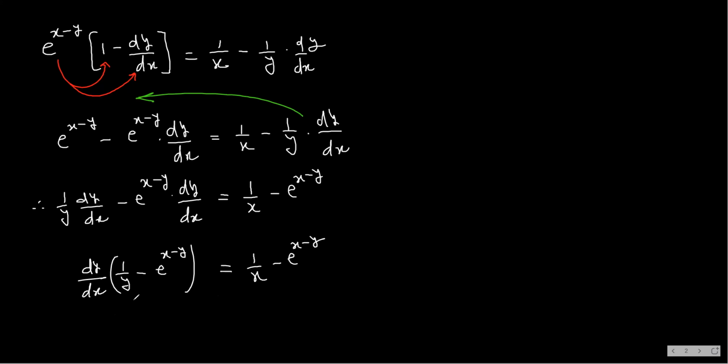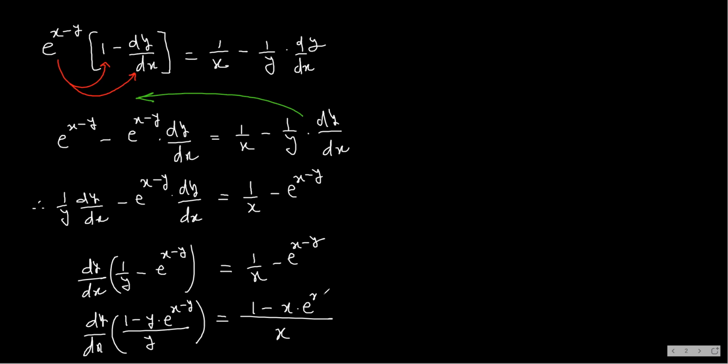Now I will take LCM on this and this side. So I get dy by dx equals to, here you have 1 minus y into e raised to x minus y over y, and here x is LCM, you get 1 minus x into e raised to x minus y. Now to get dy by dx, what you have in the denominator will come in the numerator, and the numerator thing will come in the denominator on the other side.